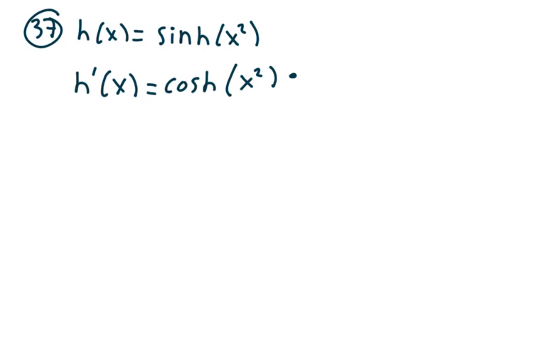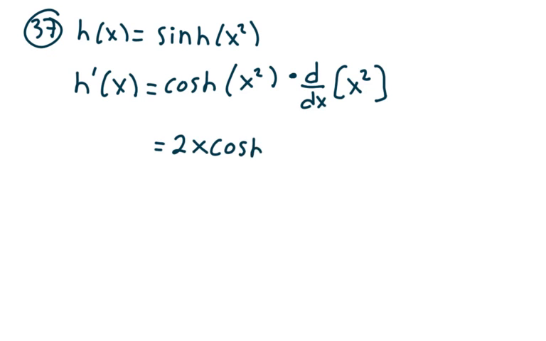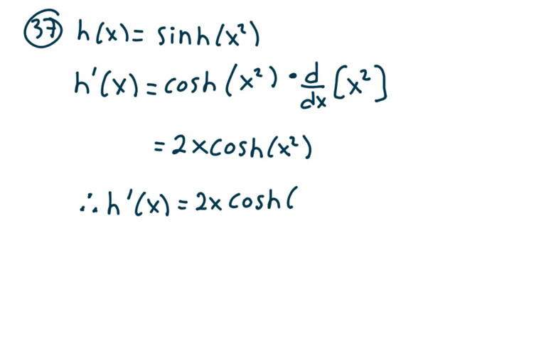But remember, you're dealing with the chain rule, so you have to multiply by the derivative of x squared with respect to x. The derivative of x squared is 2x. So this is 2x cosh of x squared. And so therefore, h prime of x is 2x cosh of x squared. That's 37.